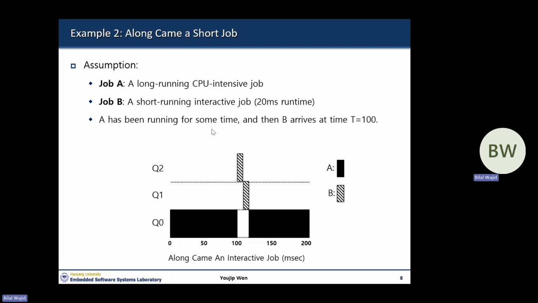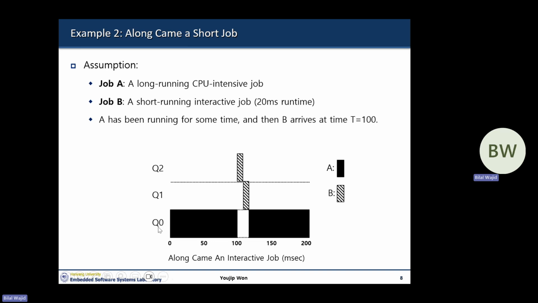What you see here is that when a job comes, it's placed at the highest priority level. So at this particular instance, there are 2 jobs in the system. The first is B, which is at a higher priority level, and the second is A.